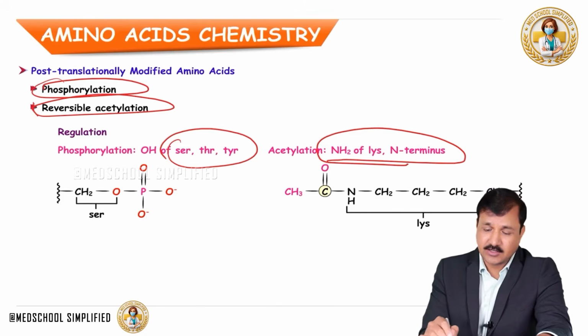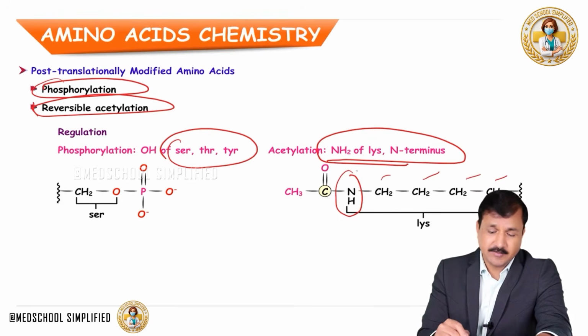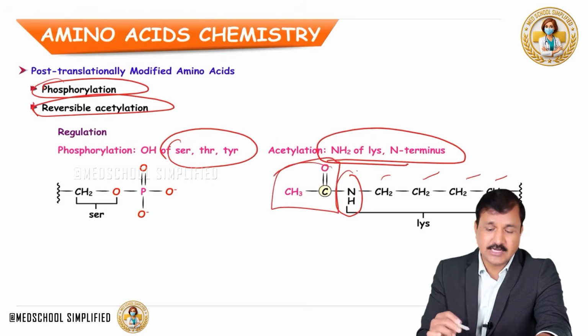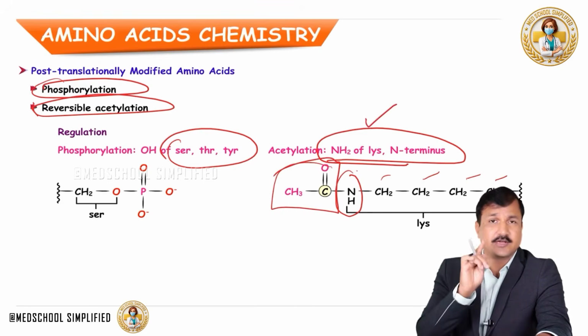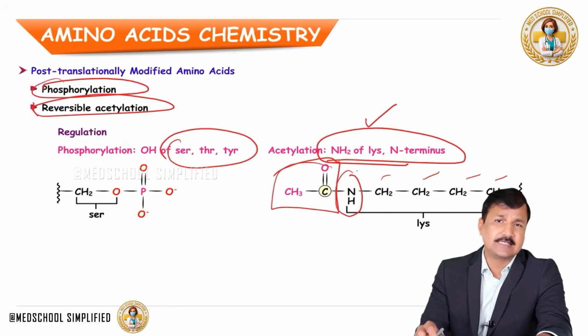Lysine has CH2, CH2, CH2, CH2 and NH3 plus, and that butyl ammonium is attached with the acetyl group. That is what is referred to as acetylation, remember. So, whenever acetylation is going on, it is the butyl ammonium ion of lysine which is attached with the acetyl group.